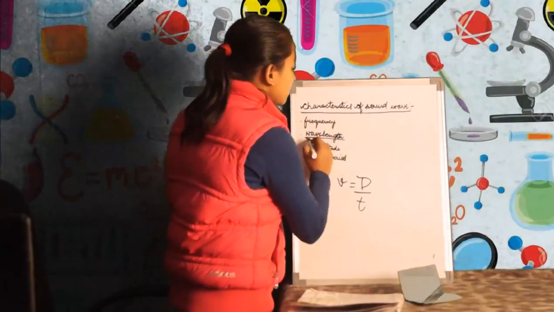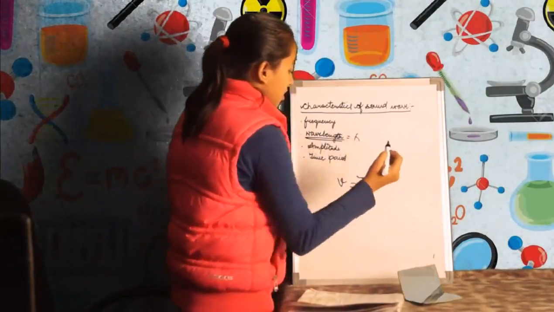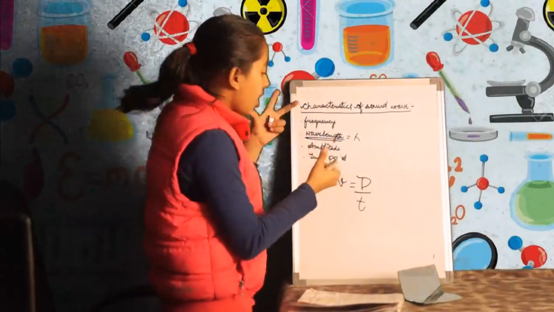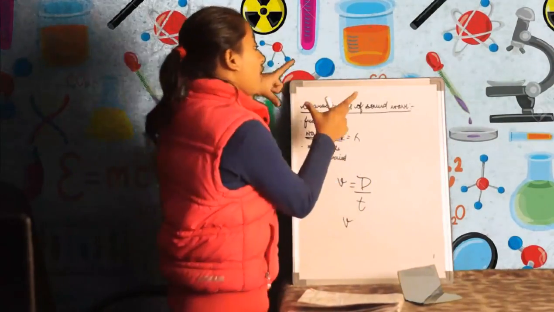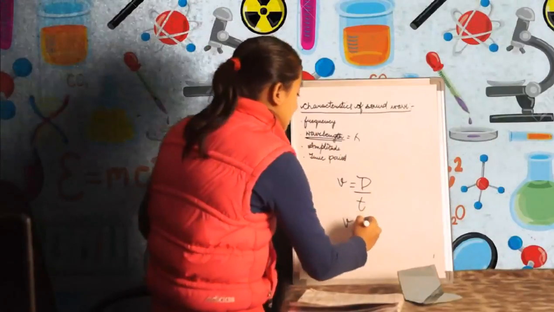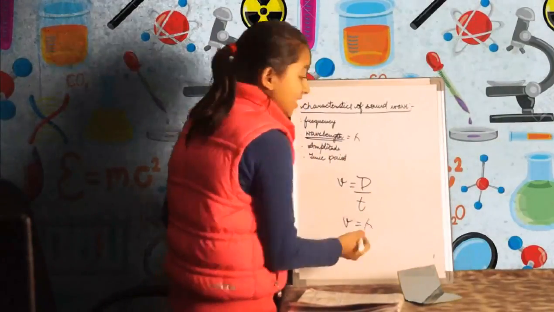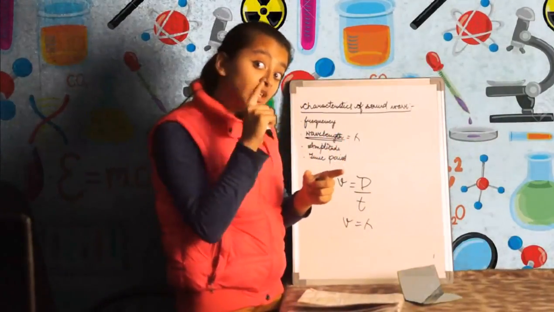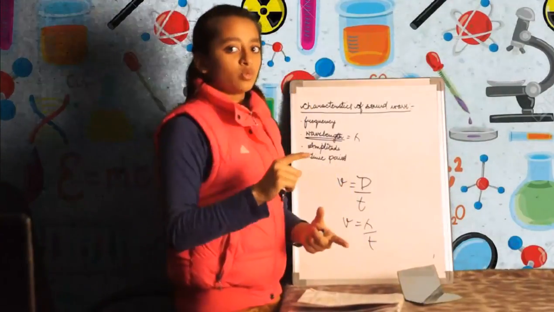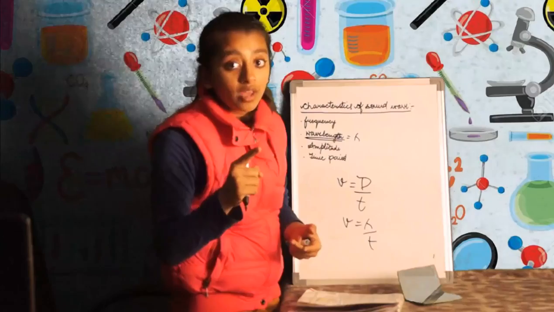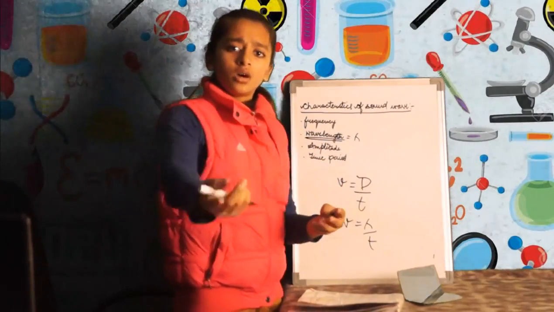And wavelength is represented by a symbol called lambda. So I'm going to use it in this formula, that our velocity, or the speed of our sound wave, is equal to lambda, that is the wavelength, the distance to complete one wave, upon the time period, the time taken to complete one wave.